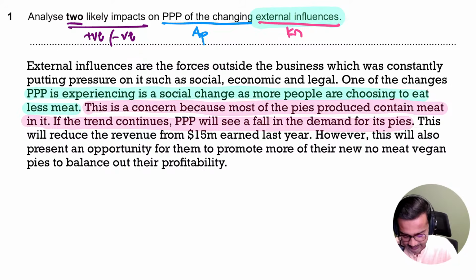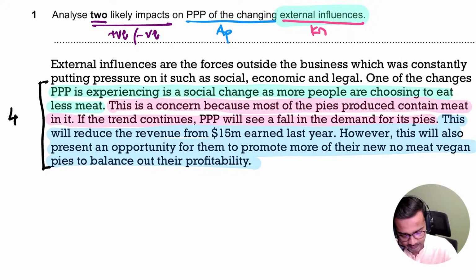Then comes my analysis, that this reduces their revenue from last year, but it also opens up an opportunity as they can now sell their no meat pies. So once you do that from top to bottom, that's worth 4 marks.